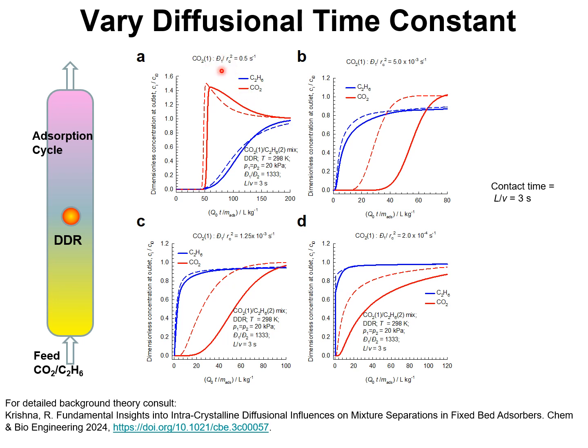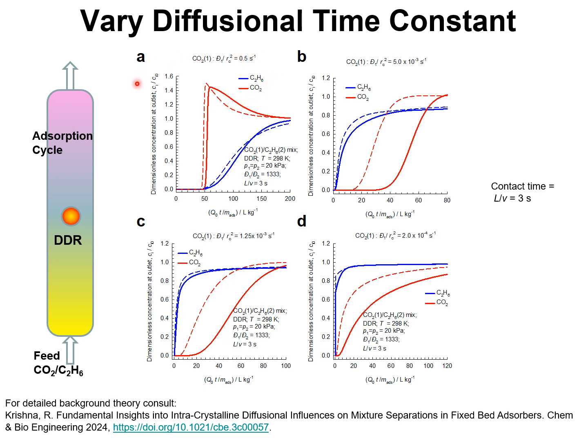If I take the diffusional time constant and multiply it by the contact time, I get a value of 1.5, and you will recall that the product of the diffusional time constant times the contact time should be greater than 0.1 for the LDF model to hold.